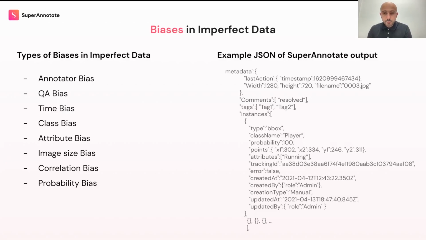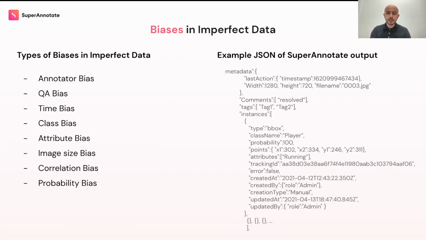What is important when you're creating your training dataset is to have the ability to record all these different things, to query and search based on them, and to create dashboards that allow CV engineers to find those biases really easily.